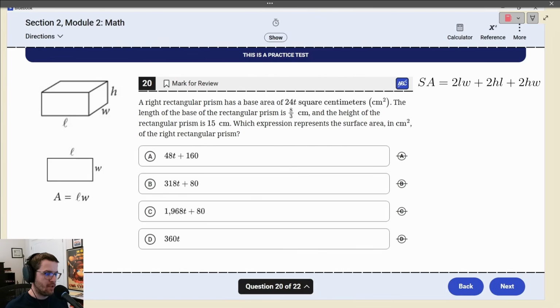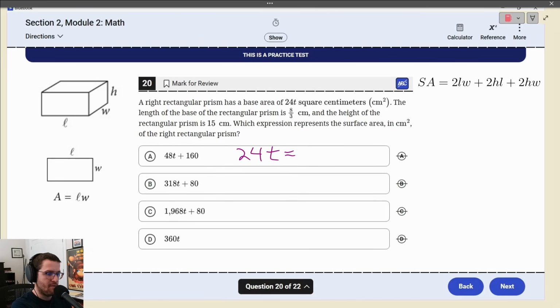So they told us the length, and they told us the height. So we're done with the problem, essentially, if we can find the width. You'll notice we need the width for the formula, right? So the base is a rectangle, length times width, and we can use the area they gave us. So the area is 24t, and that's equal to length times width.